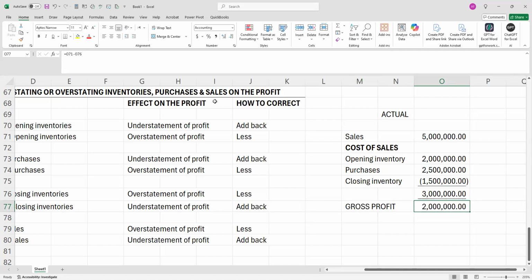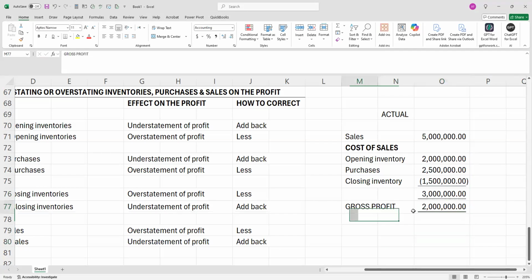This is the actual data. Consider the effects.